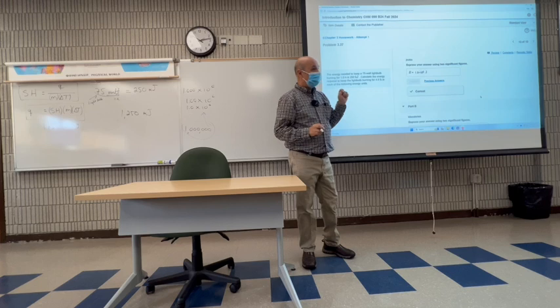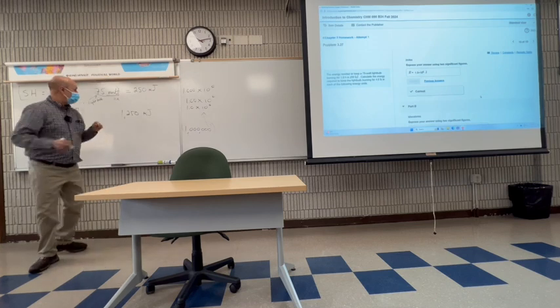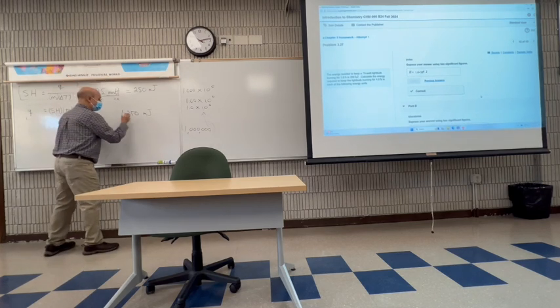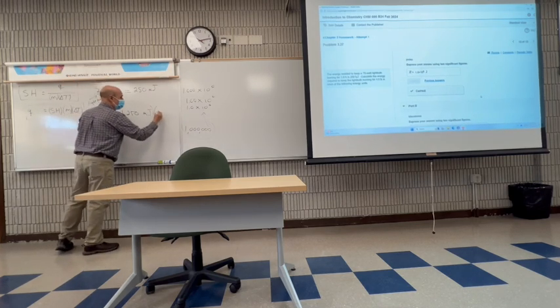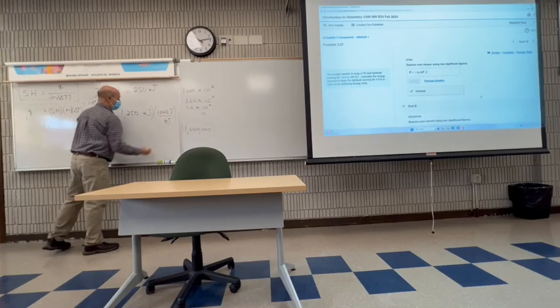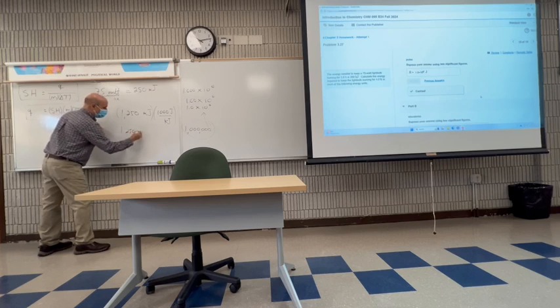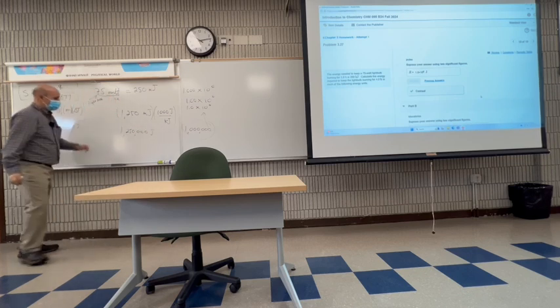However, oh wait, I lied. They want joules. So if they want joules and they want two significant digits, we first have to do the same conversion. We need to multiply these by 1,000 joules per kilojoule, which gives you 1,250,000 joules.